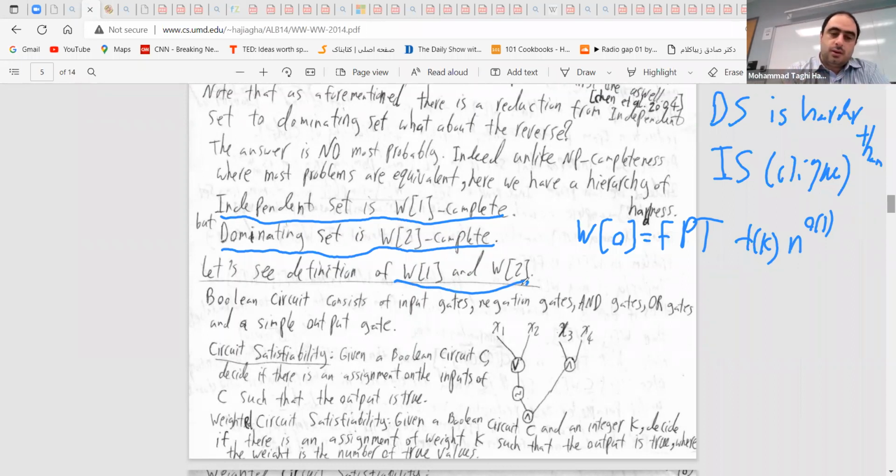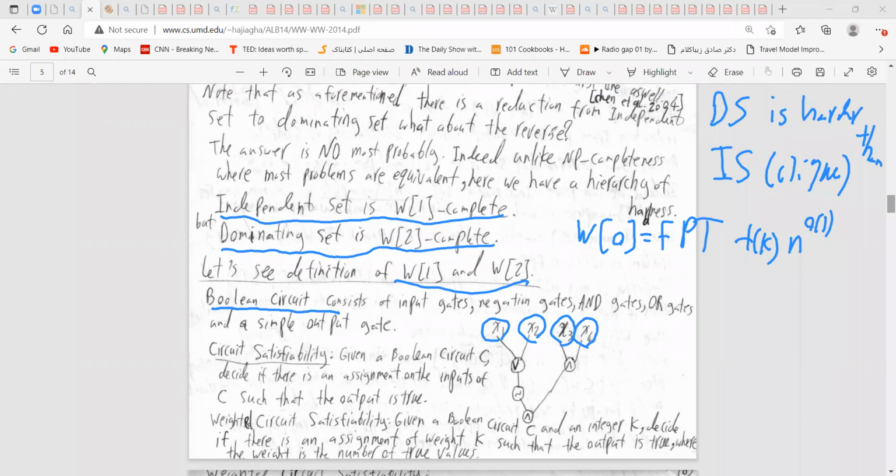To do so, first you need to define Boolean circuits. So what is a Boolean circuit? Boolean circuits essentially have some input gates. This is just a circuit, and you should be familiar with circuits. So people at Zoom, does it make sense, everything so far? Yeah. Good.